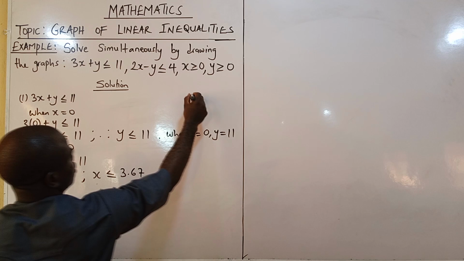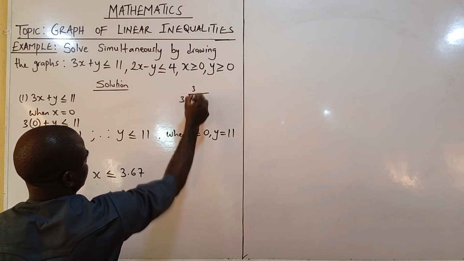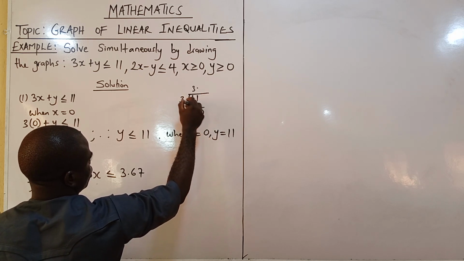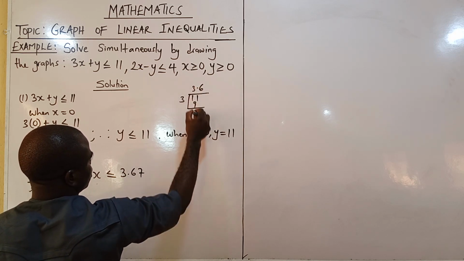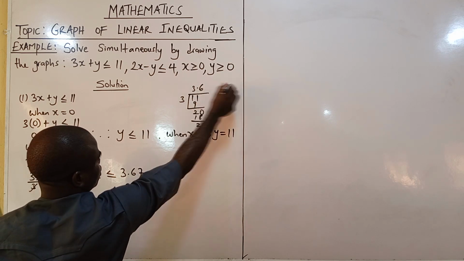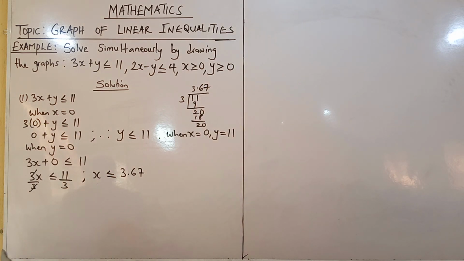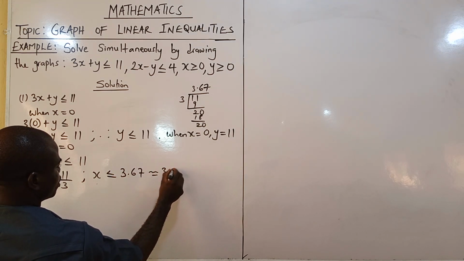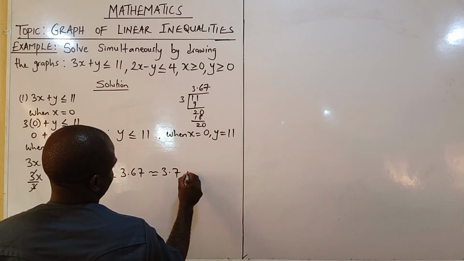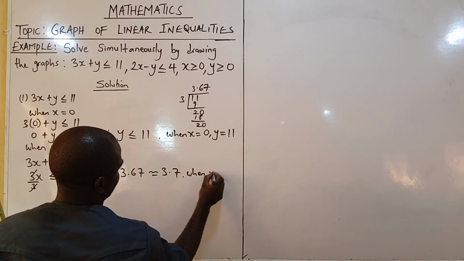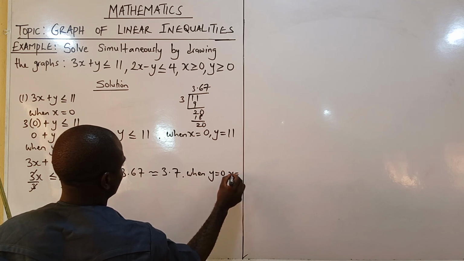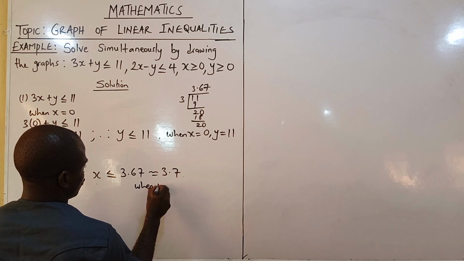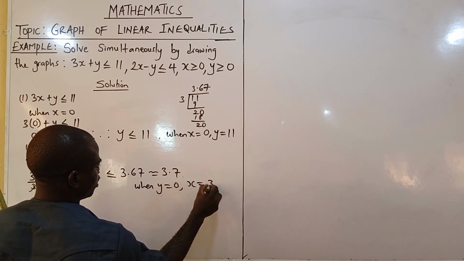Let's see, 11 divided by 3. 3 times 3 is 9, remainder 2. Put a decimal point. 3 goes into 20, 3 times 6 is 18, and so on. It is 3.666, approximately 3.67, which is approximately 3.7. So when y equals 0, x equals 3.7.